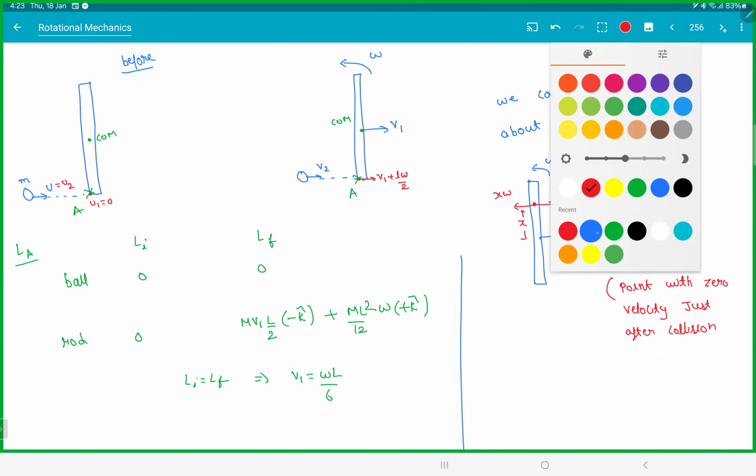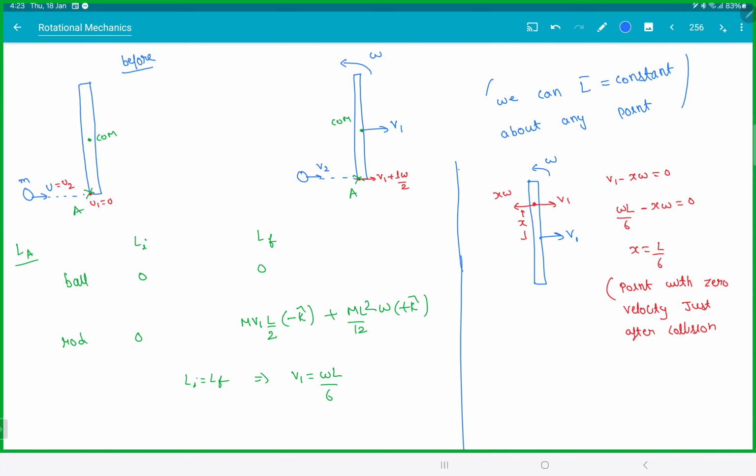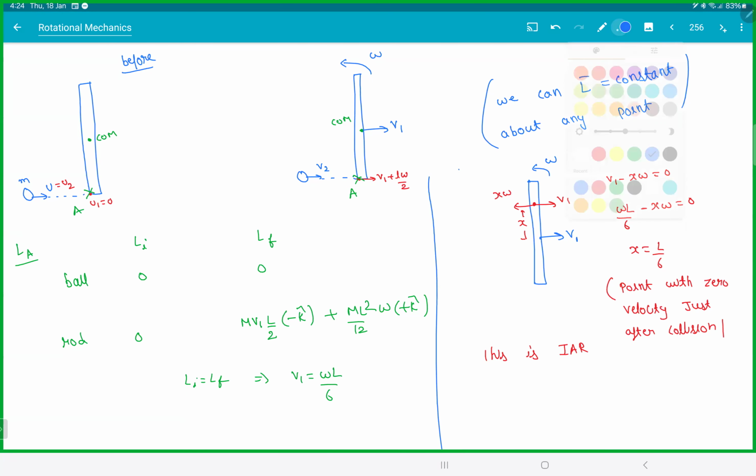You get very important points there. Just after collision. So this is IAR. Not only this thing. If there is a hinge at this point, there'll be no normal reaction. By chance, if this rod was hinged there, there would be no normal reaction here.